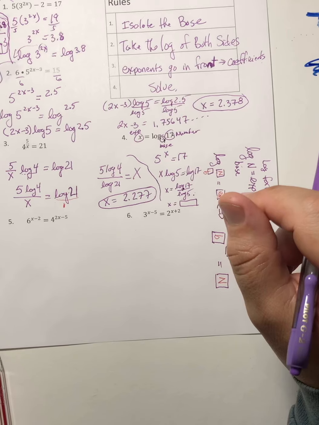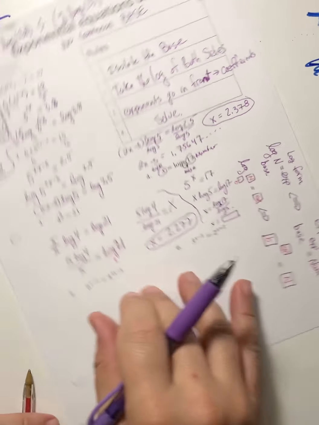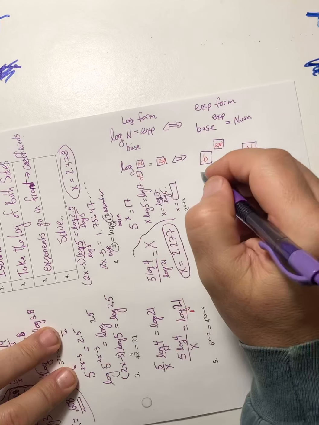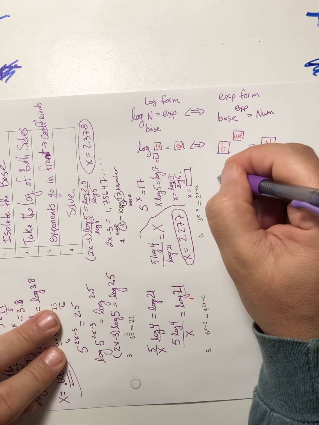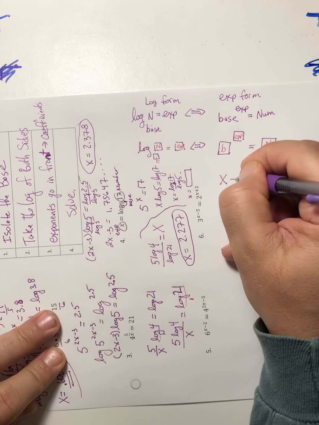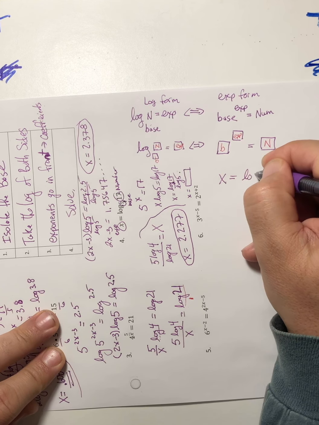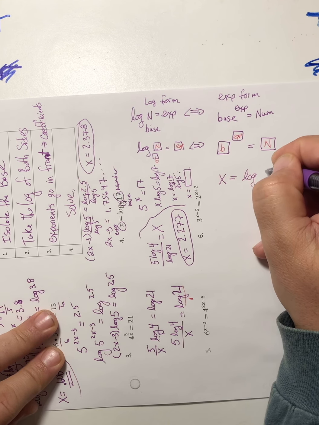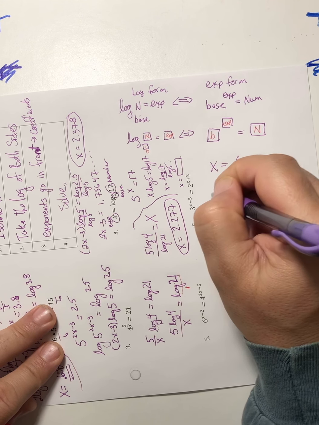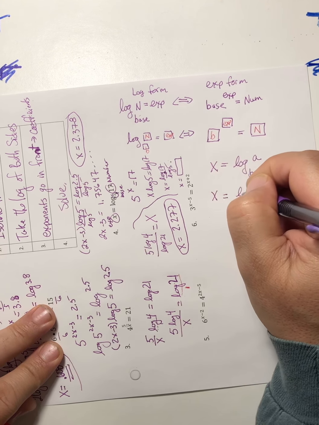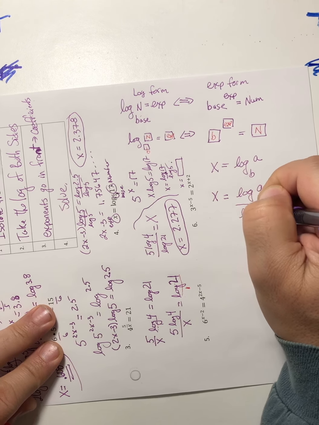All right, last one that we're going to do. Actually, let me write out that change of base formula. So if I had x is equal to log base b of a, that is the same as the log of a with a base 10 over the log of b.